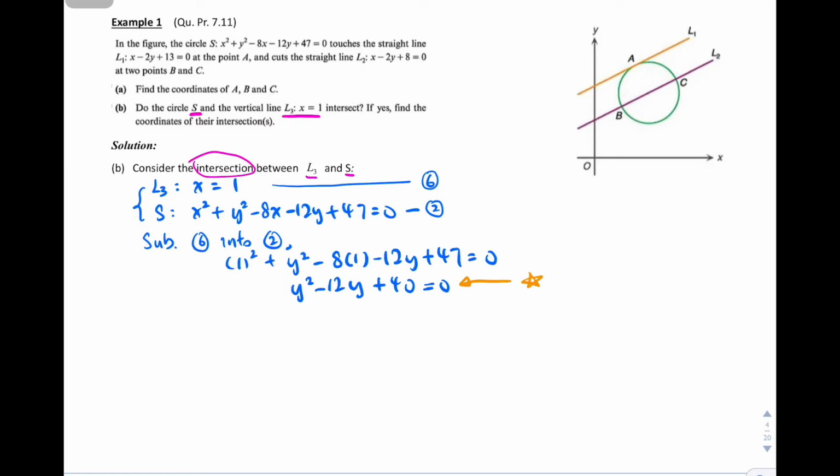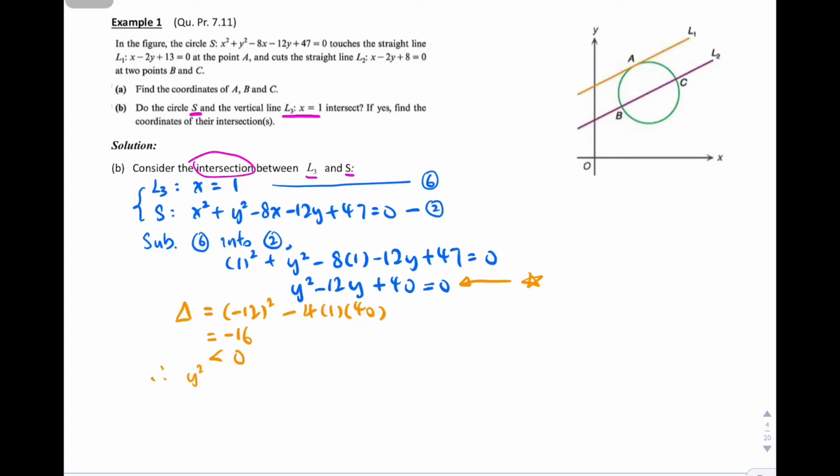For this case, you have to show by calculating the value of the discriminant of this equation. The discriminant of this case is b squared minus 4ac. So the value is negative 16 and it is less than 0.